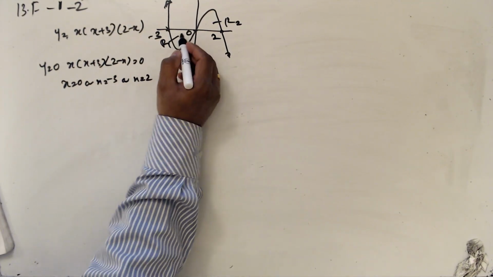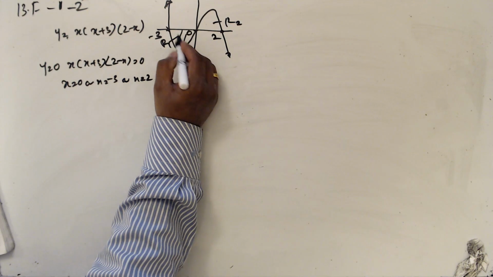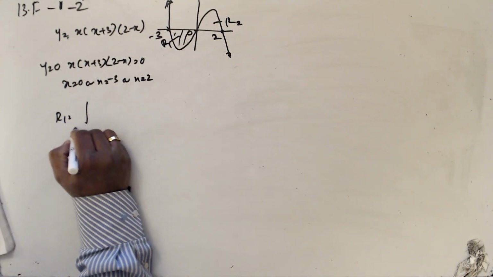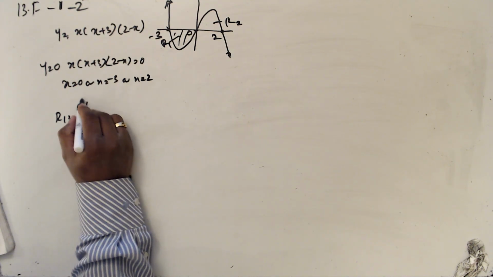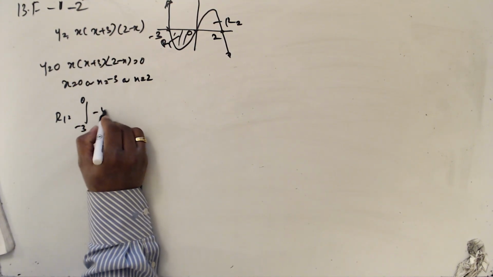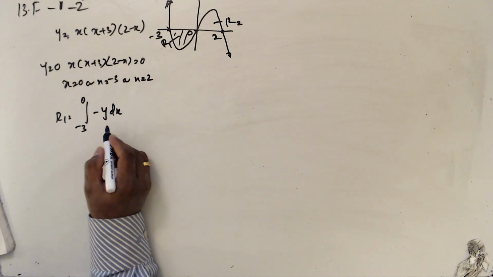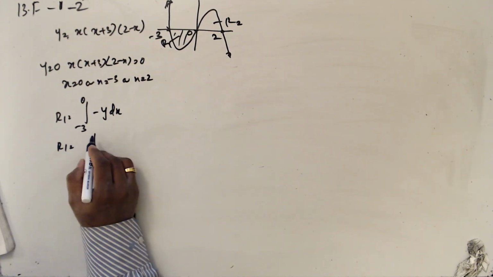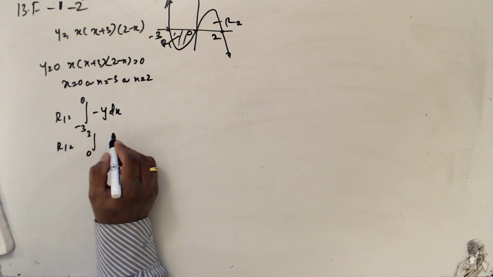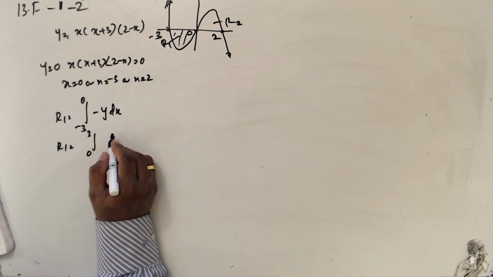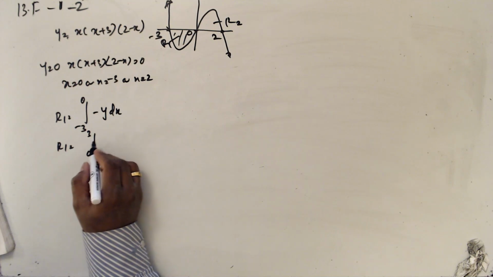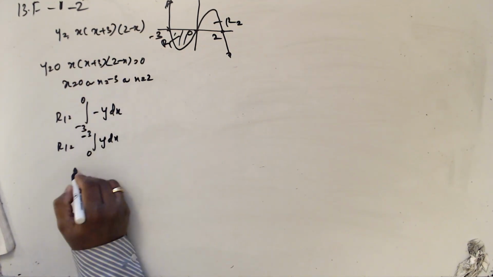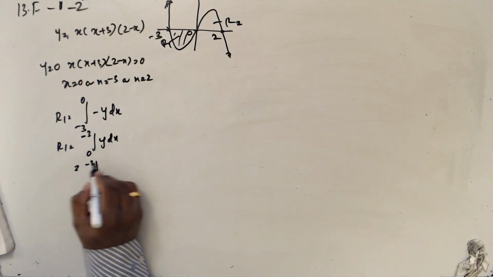So now we want to find R1, this area. R1 equals the integral from minus 3 to 0 of negative y dx. So this is going to be minus the integral from minus 3 to 0 of y dx.